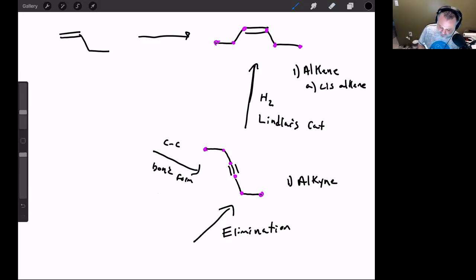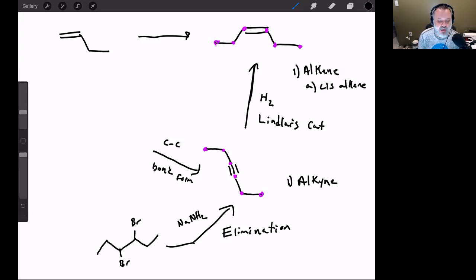But what would happen if I did elimination? Well, I would still have all 6 of the carbons, 1, 2, 3, 4, 5, 6, and I would have to have done it with a vicinal dihalide and use something like sodium amide. This reaction would certainly work, so there's nothing wrong with thinking that way.